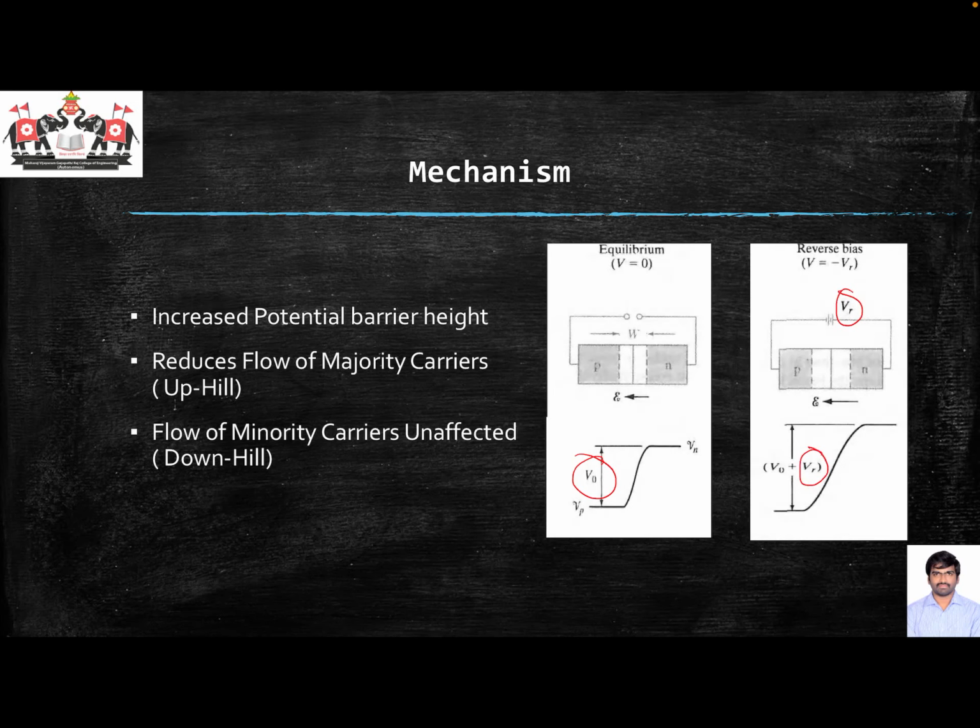However, for the minority carriers it does not affect, because for the minority carriers it's a downhill movement, whereas for the majority carriers it's an uphill movement. So the flow of majority carriers is obstructed, while minority carriers are unaffected by the presence of reverse bias.